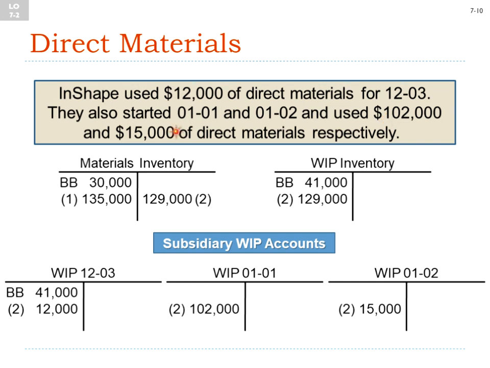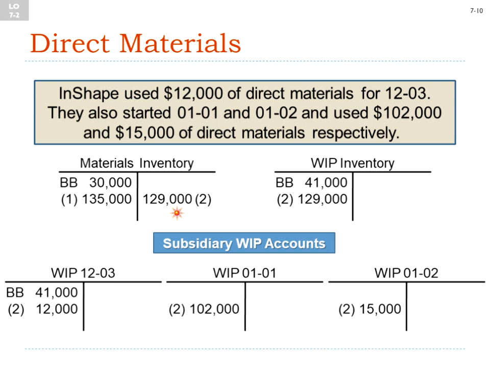So now we have to look at the journal entries again and the T accounts. If you add up 12, 102 and 15, you get 129. So this tells us that we used $129,000 worth of materials.